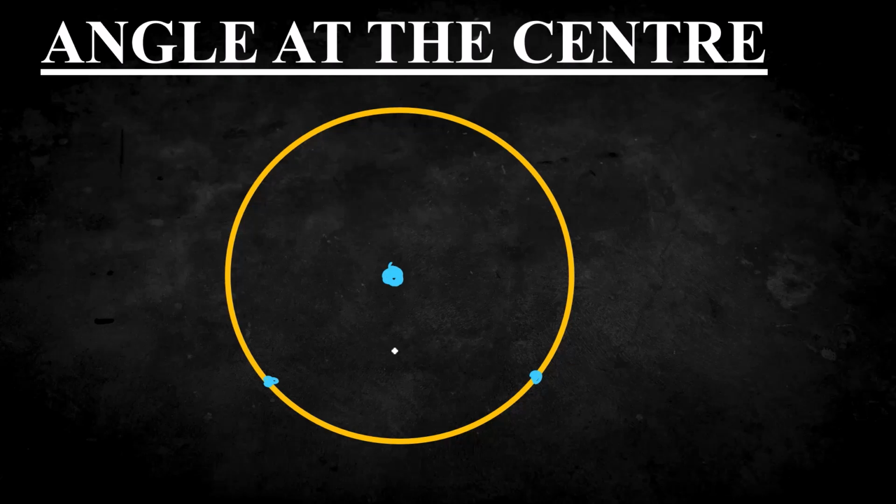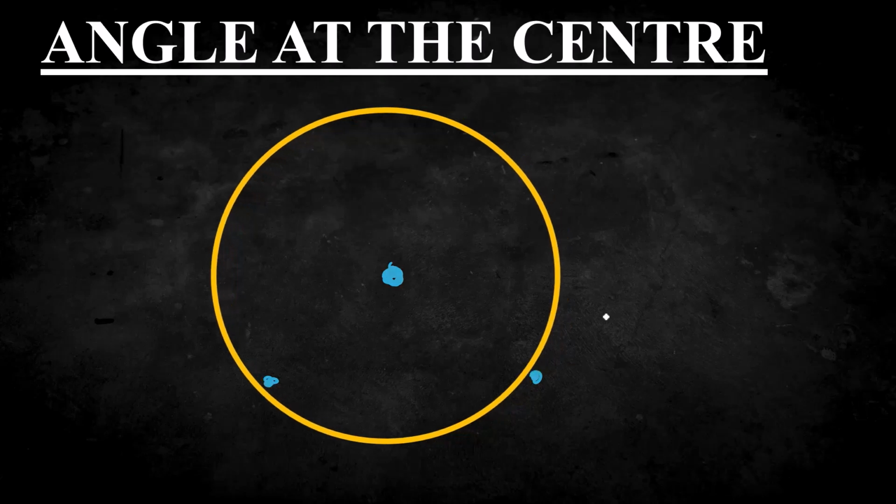The first property talks about the angle at the center. The angle which an arc or a chord subtends at the center is twice the angle the same chord or arc subtends at any point on the remaining part of the circumference.